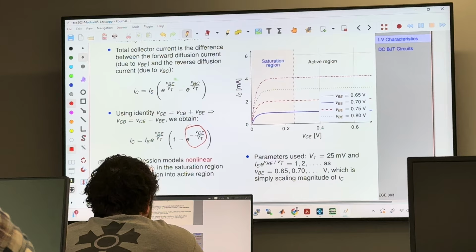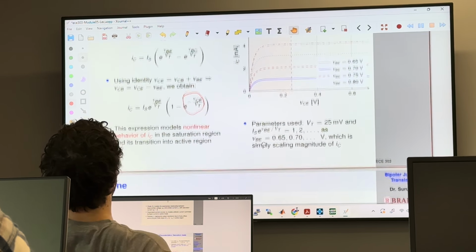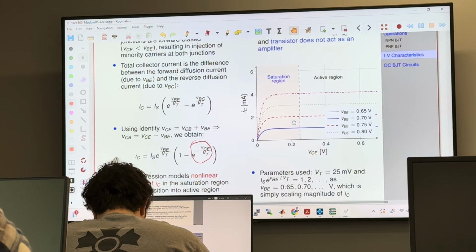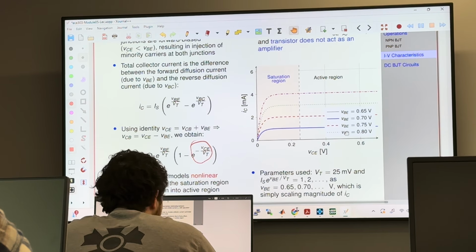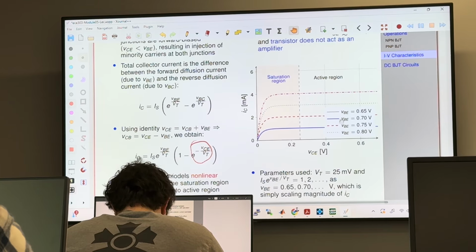So we went through this equation. I just manipulated this equation right here. But in the laboratory, all I want you to do is plot active modes with different VB. So we'll have primary sweep VCE and secondary sweep VBE.